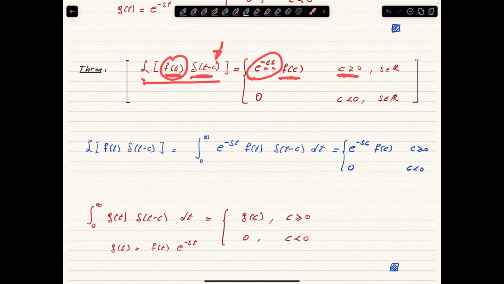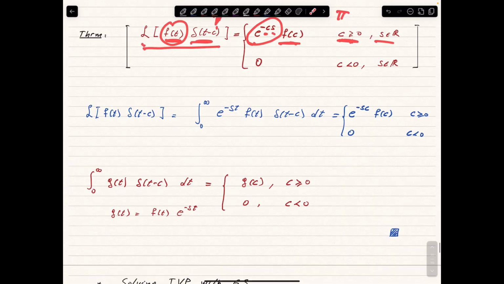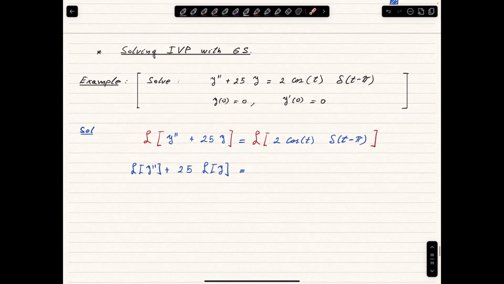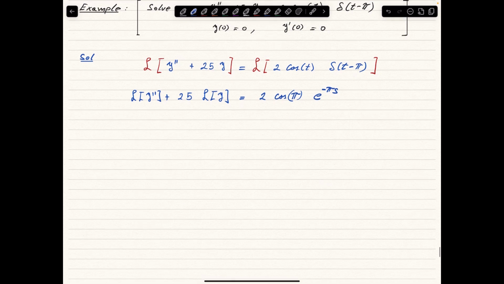And we do that because our c, which is pi, is in the integration region. So this is going to be 2 cosine evaluated at pi, and the Laplace transform of the Dirac delta is going to create a negative pi s, and that is the right hand side.